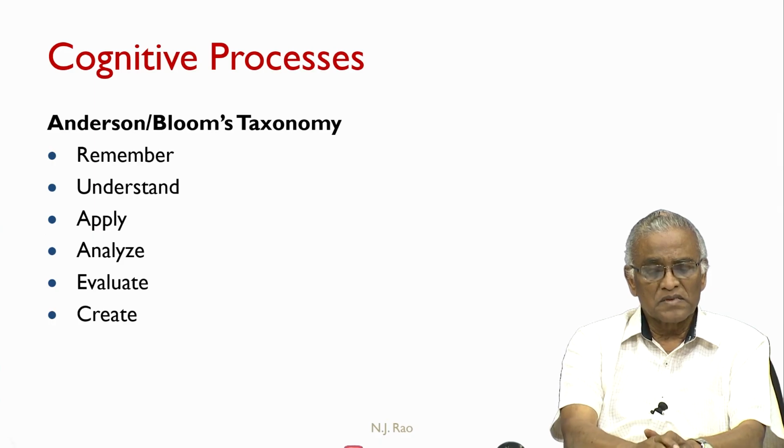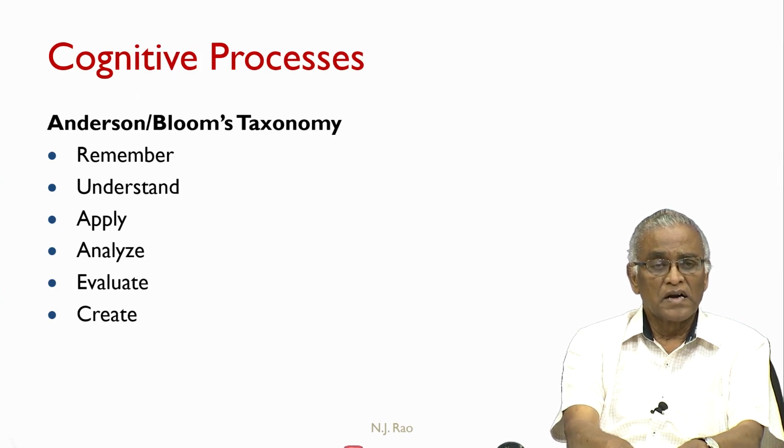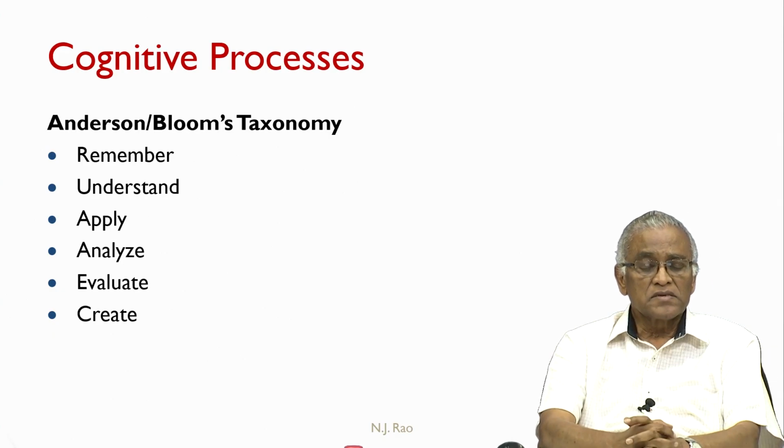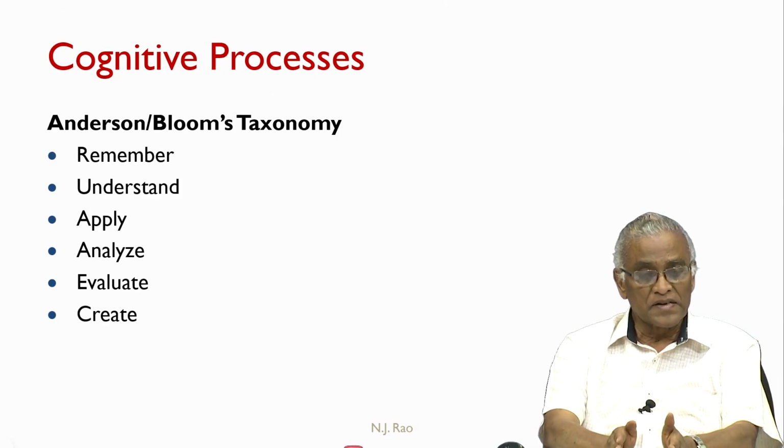Anderson-Bloom's taxonomy says you have 6 cognitive processes that are present: remember, understand, apply, analyze, evaluate and create. And a basic feature of this is that the cognitive levels are organized in a hierarchical fashion.